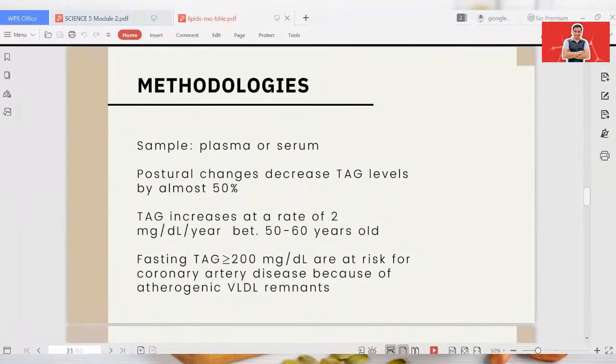Fasting triglycerides greater than or equal to 200 mg per dL are at risk for coronary heart artery disease because of atherogenic VLDL remnants.